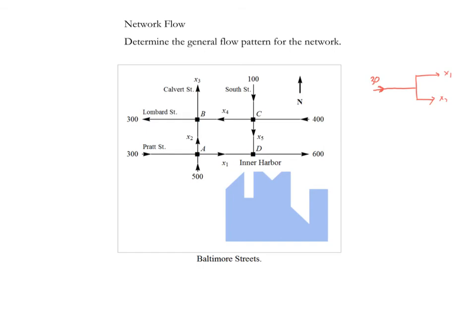So on Calvert Street at intersection B, we can write down an equation to model that flow, right? We have x2 plus x4 going in, and x3 plus 300 flowing out, and we can write down that equation.